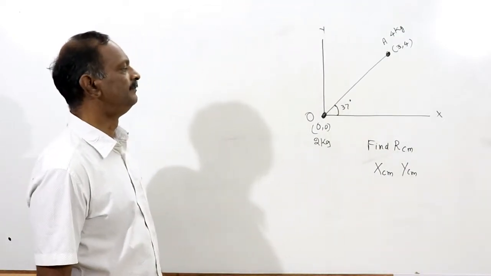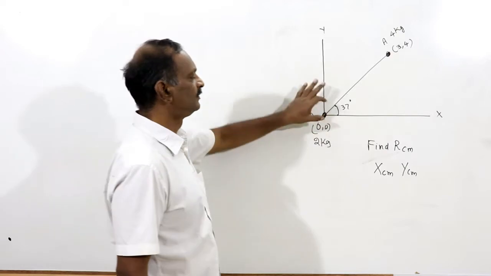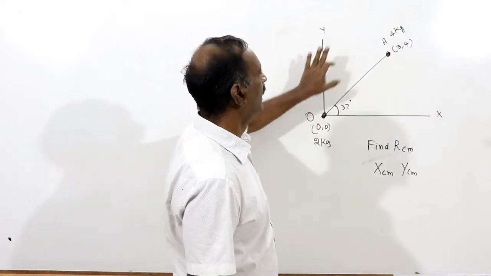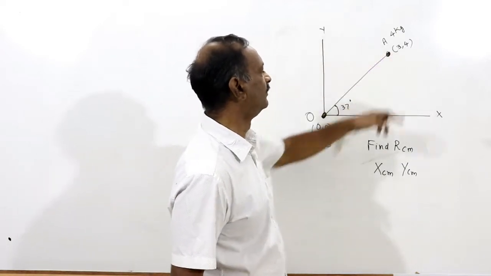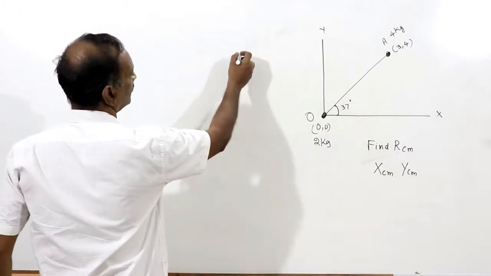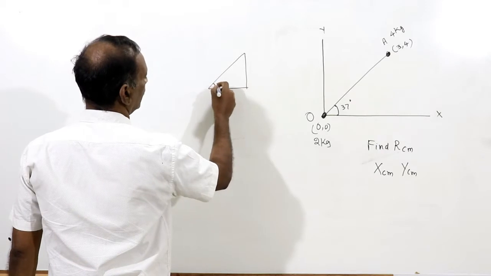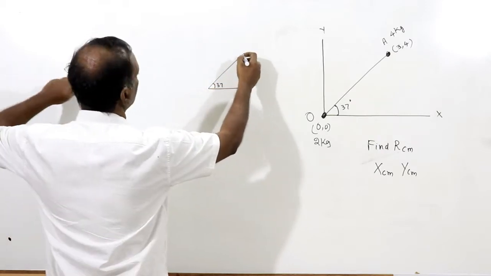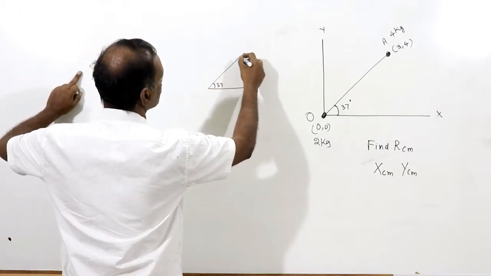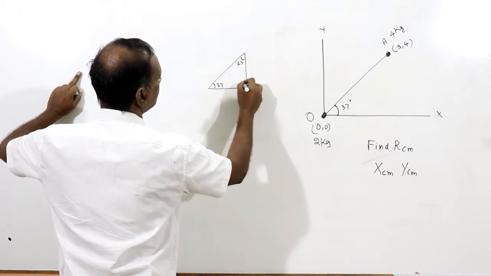In this figure, sin 37 is given, and 2 masses, 2 kg and 4 kg, are kept at 3, 4. We always use sin 37 in competitions. If this is 37, then here it will be 53, and this is 90.